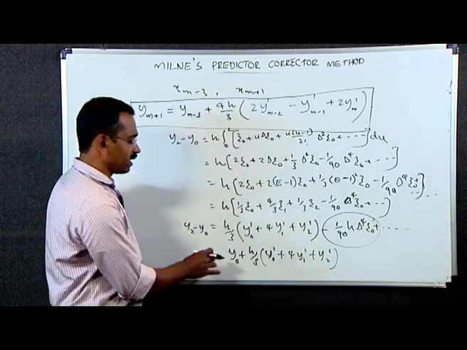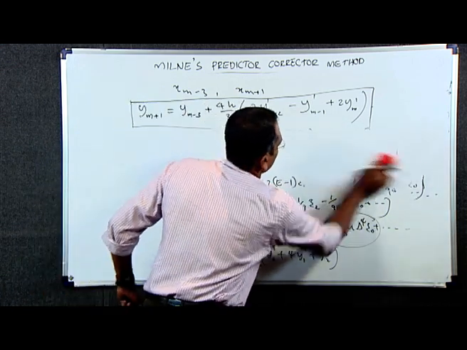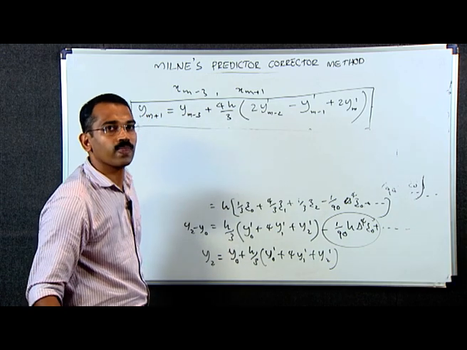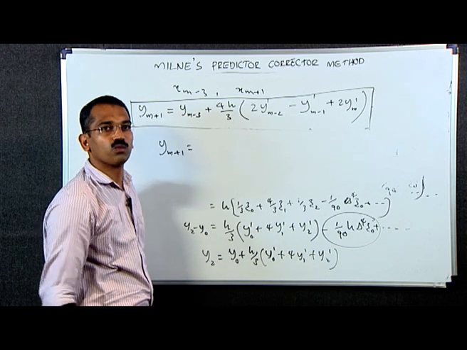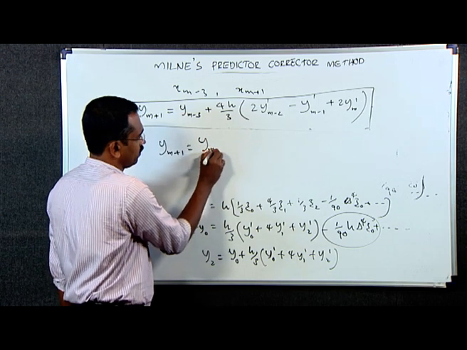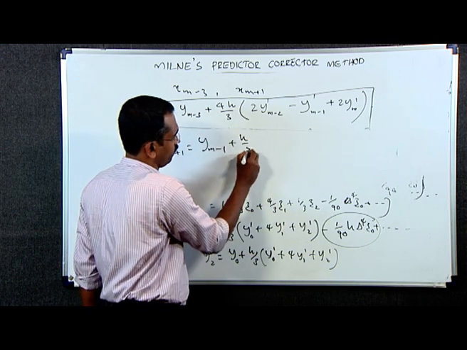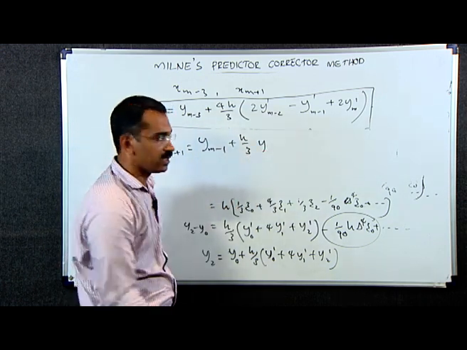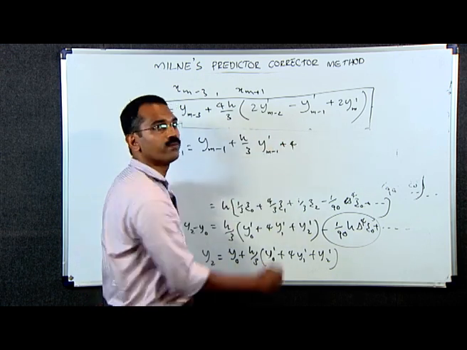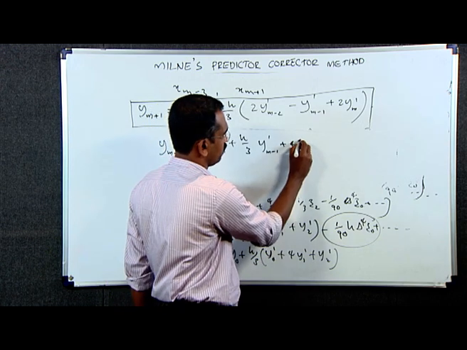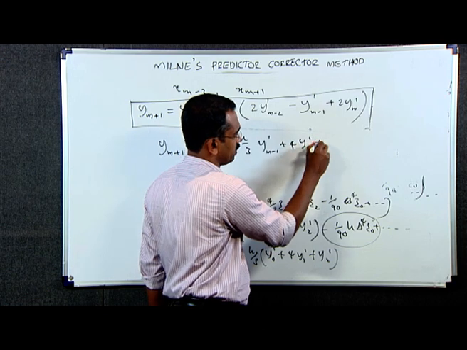In general, we can write the formula as y m plus 1 is equal to y m minus 1 plus h by 3 into y m minus 1 dash plus 4 into y m dash plus y m plus 1 dash.